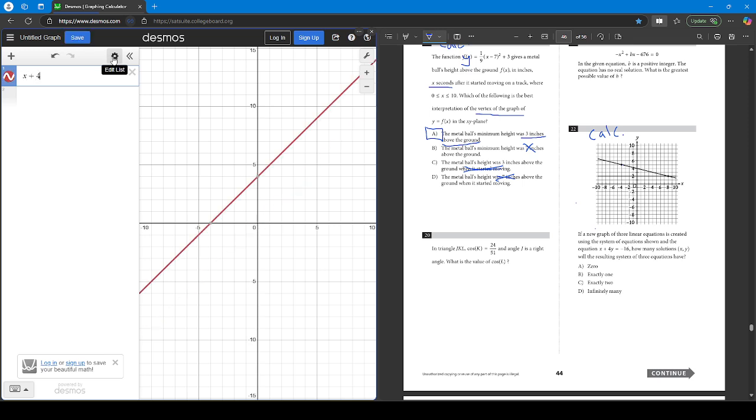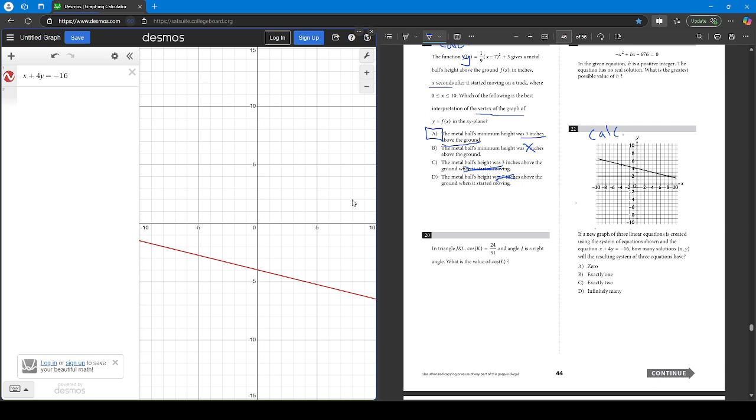x plus 4y equals negative 16. So we get this graph, which, is it ever going to touch this point over here where x is 8, y is 2? 5, 6, 7, 8, 1, 2, ain't no way.